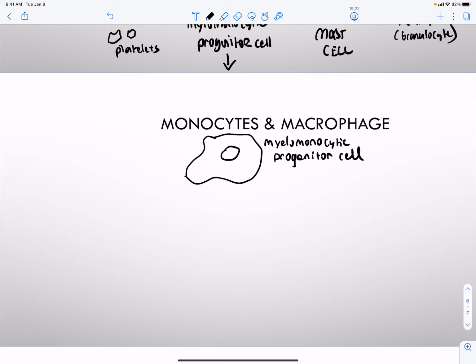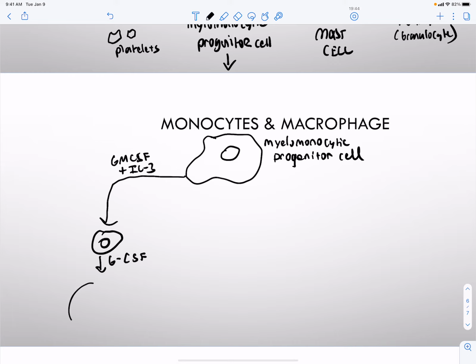So this cell is going to, with, again, GM-CSF plus IL-3, you're going to get a precursor, which through granulocyte colony stimulating factor only, you get a neutrophil. It's going to have a lobed nucleus.